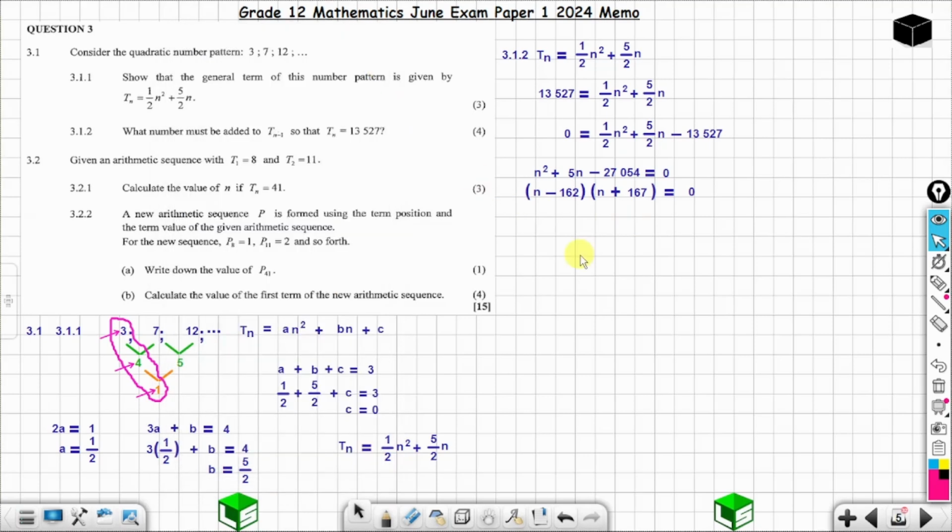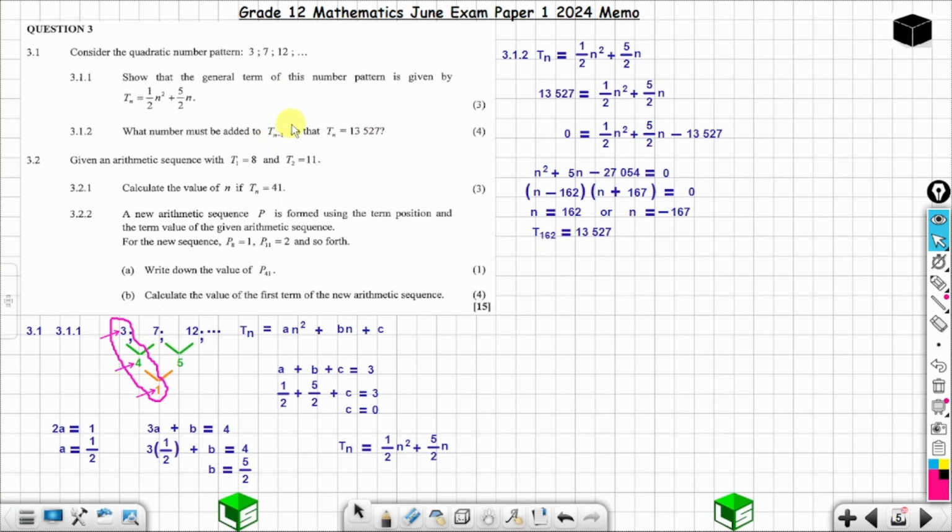So n is equal to this, or n is equal to this. n cannot be negative. We need this. So you have t 162 is equal to this term.